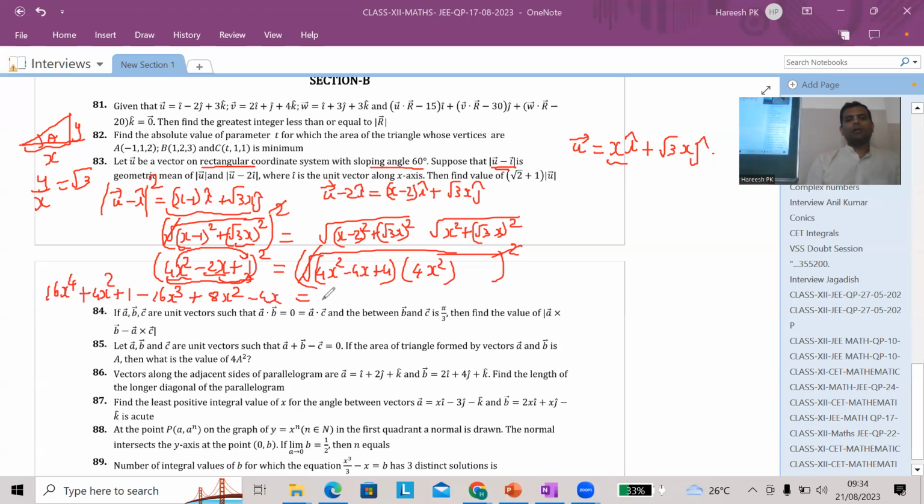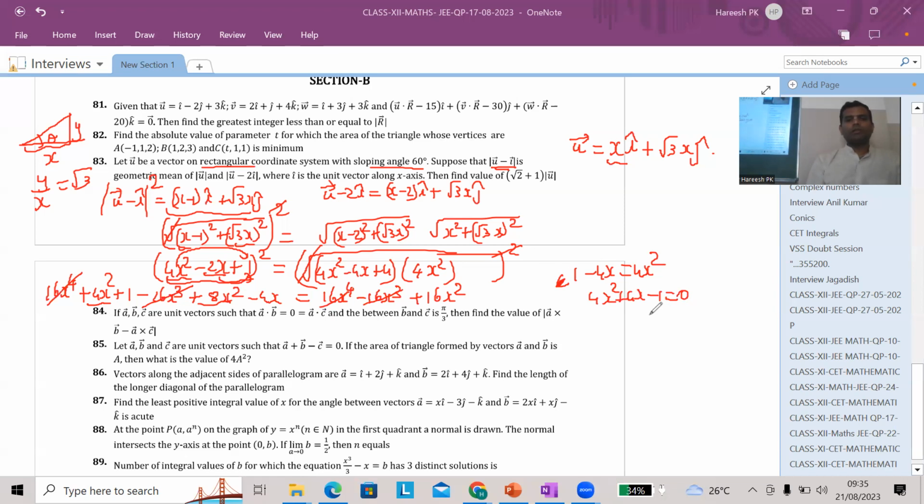Here you'll get 16x power 4 minus 16x cube, then plus 15x, which got cancelled. Now 12x square is there here, and 16x square. What will be left with? 4x square. So 1 minus 4x equals 4x square, or 4x square plus 4x minus 1 equal to 0.